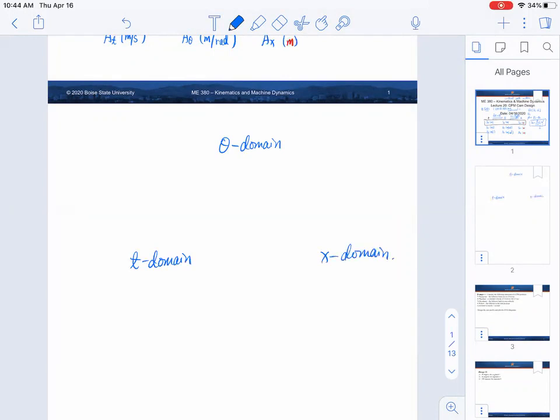Between t and x, your A_t is theta dot over beta squared times A_x. Your V_t is theta dot over beta times V_x. I'm skipping the derivation here.